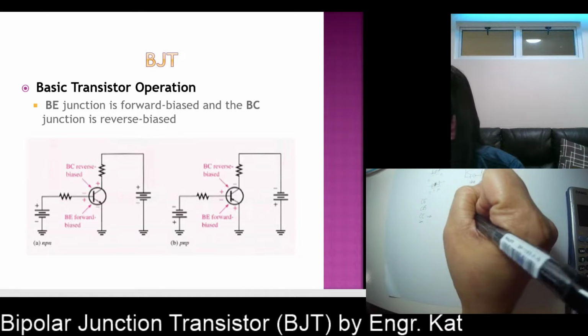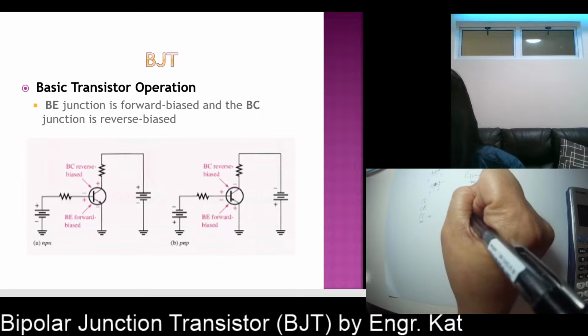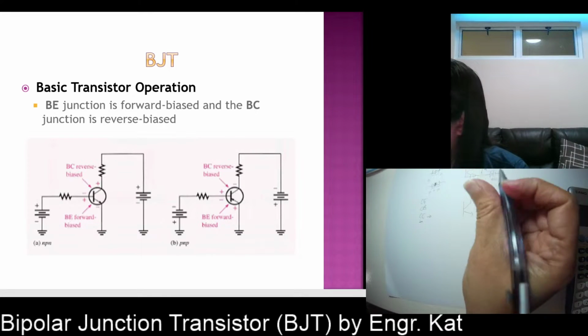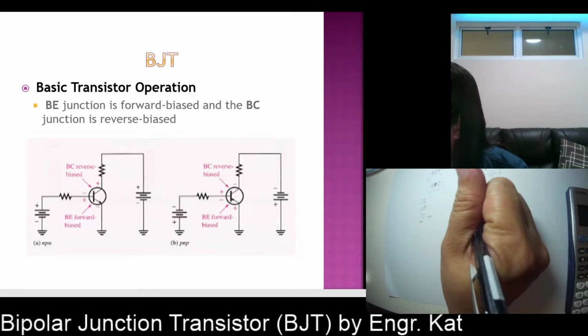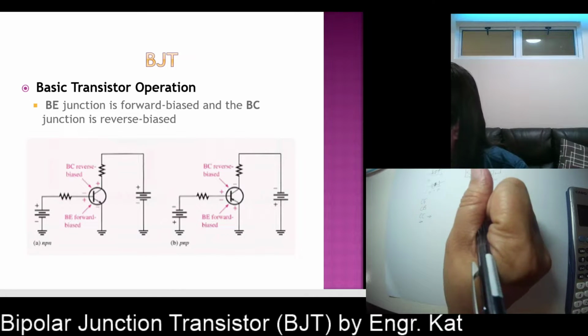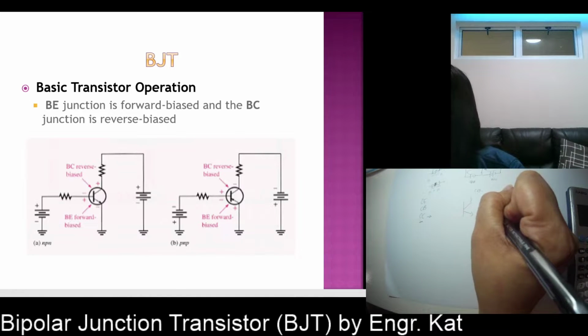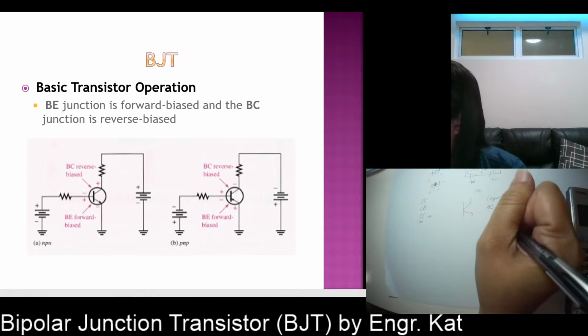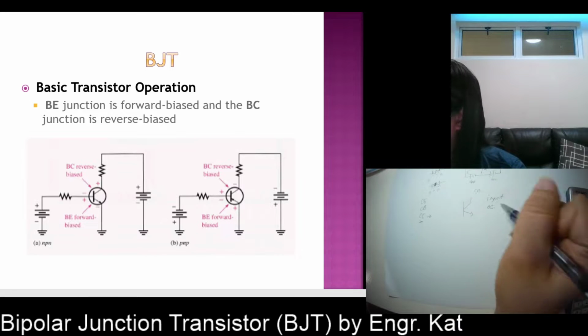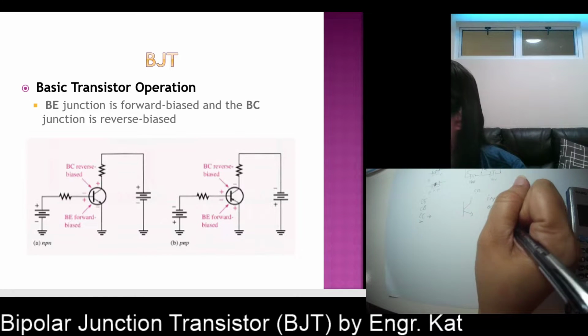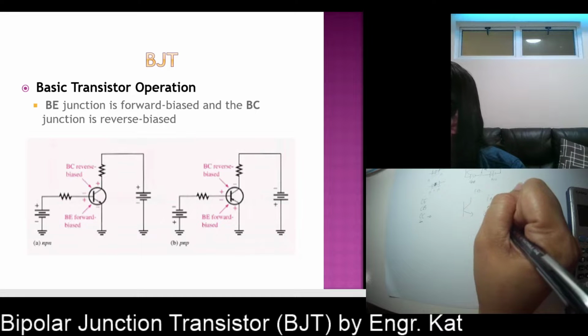For example, this is your common collector. The input here is at the collector to base. The input for a common collector is for the base to collector, while the collector is grounded, okay, and the output is between collector to emitter.